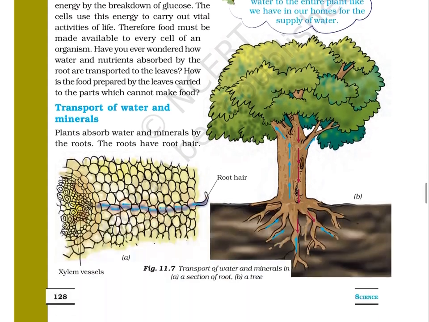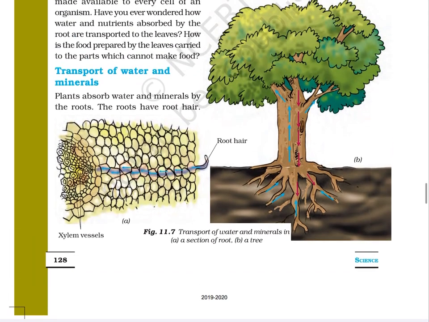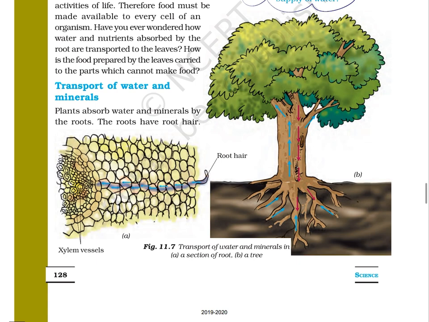Figure 11.7 Transport of water and minerals in A. A section of root, B. A tree. A. Here we can observe root hair. There is water passing through them. The root hair is connected to the xylem vessels.